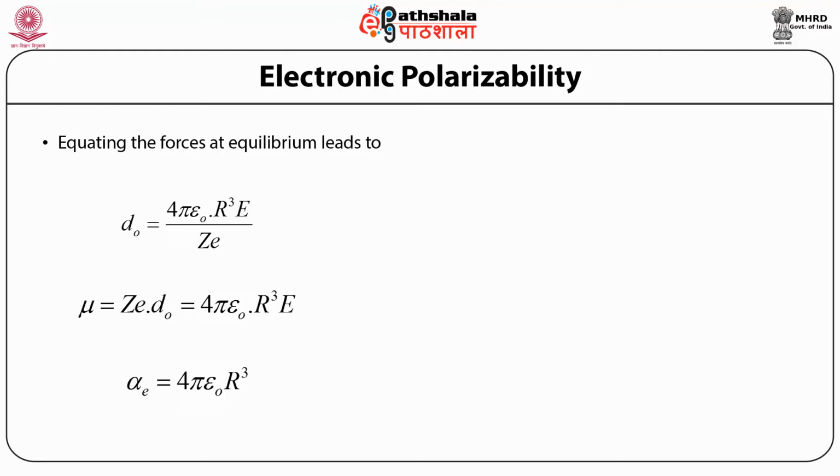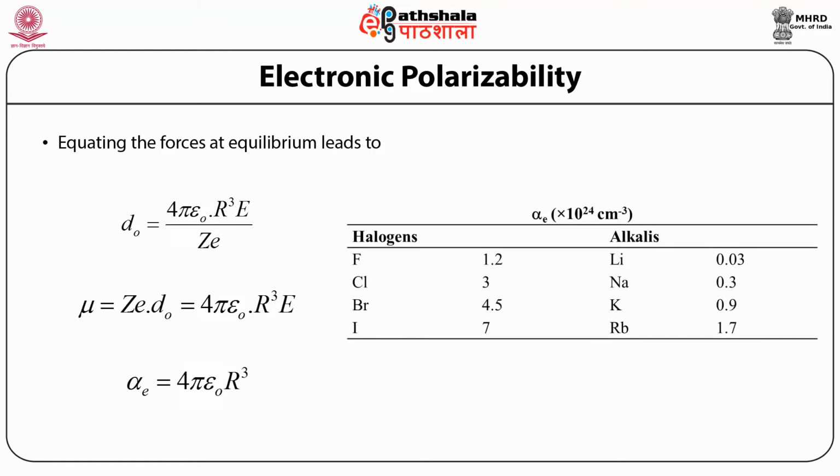So the equations which we have discussed show that the larger the atom is, the larger is the polarization. Moreover, anions are more polarizable than cations, as the outer-shell electrons in an anion are more loosely bound. So students, you can see the values of atomic polarizability of some atoms shown in this table.